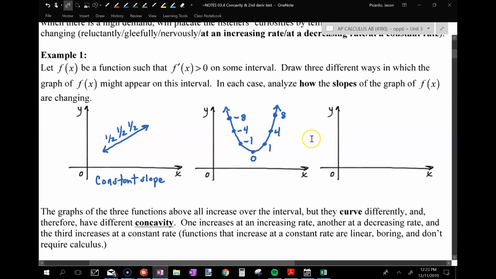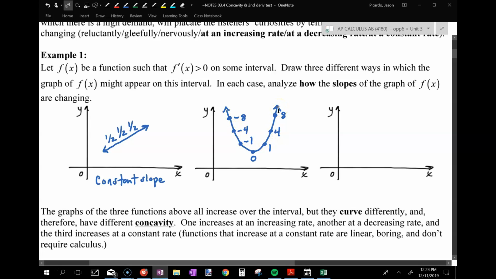Now, what if I asked you not to describe this, but to describe the numbers now? What's happening to these numbers? They're actually getting bigger all the way through, aren't they?